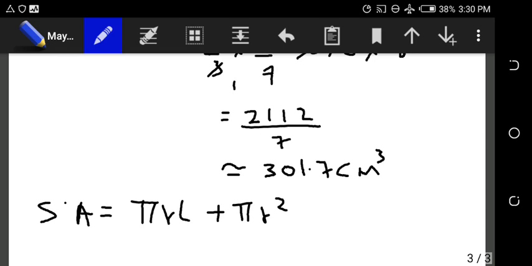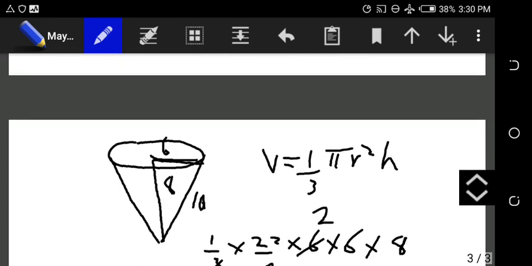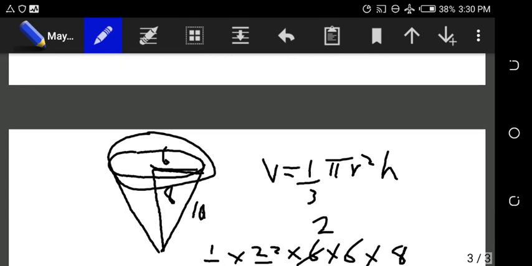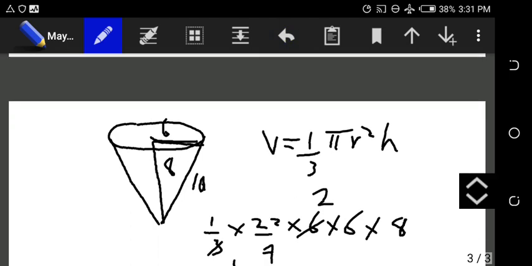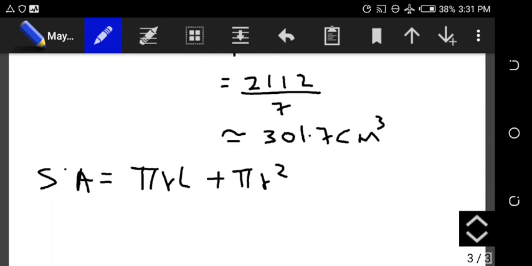That's the base area plus the lateral area. The base area is the area of the circular top, that's the pi r squared. Then the pi r l is the area of the lateral side.